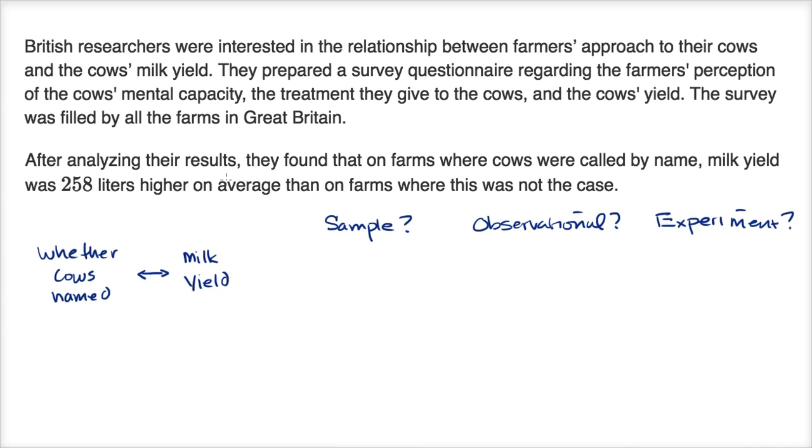Here, it's not so much that they're estimating a parameter, they're trying to see the connection between two variables. And that brings us to an observational study, because that's what an observational study is all about. Can we draw a positive or negative correlation between variables based on observations? So we've surveyed a population here, the farmers in Great Britain, and we are able to draw some type of connection between these variables. And so this is clearly an observational study.